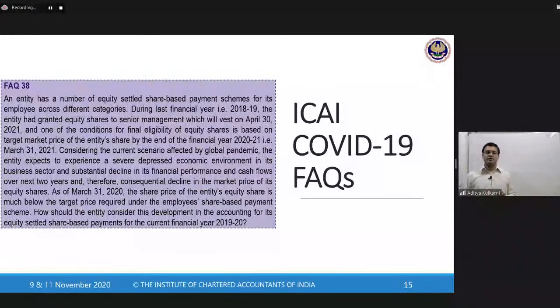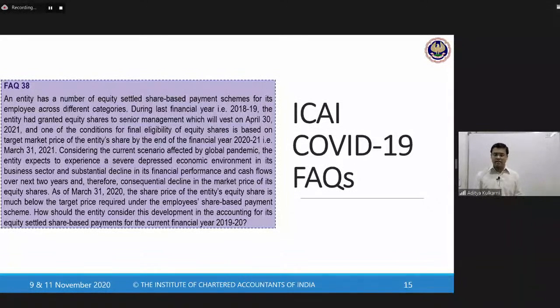As of 31st March 2020, the share price of the entity's equity share is much below the target price required under the employee's share-based payment scheme. How should the entity consider this development in the accounting for its equity settled share-based payments for the current financial year 2019-20 is the question. All right.